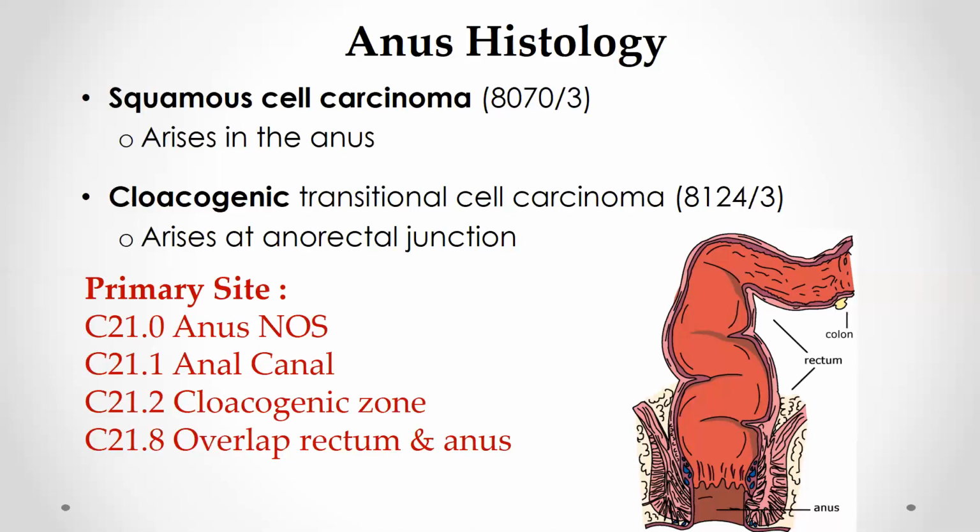And so the appropriate code for that would be a C21.2. So this is in a different schema, but there are no solid tumor rules for this. So you would, again, use the old 2007 MPH rules if you had numerous tumors or numerous histologies and you needed to figure out how to code this.